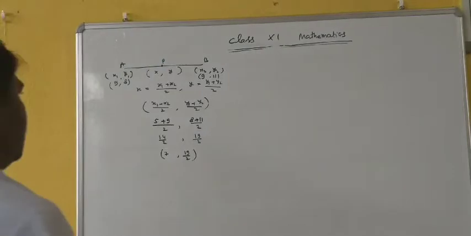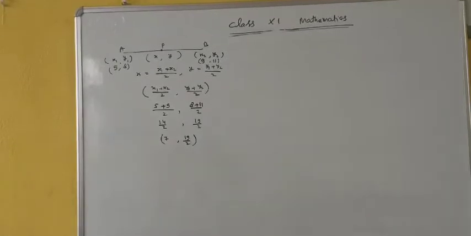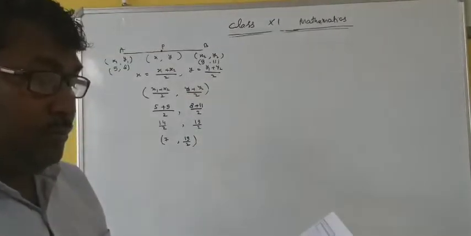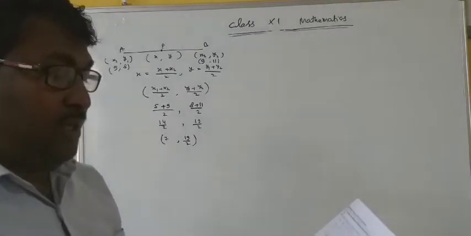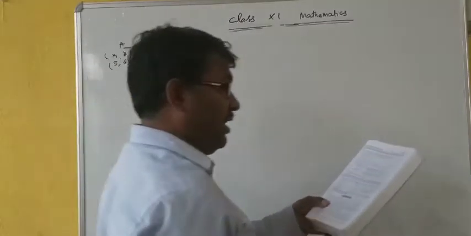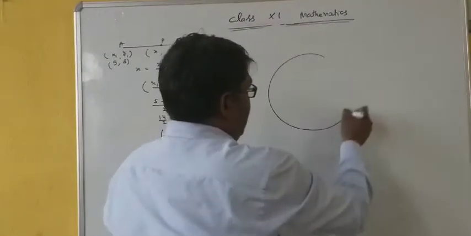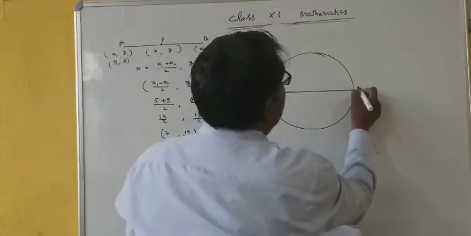Now some other questions. Find the center of a circle if the end points of a diameter are given. Here a circle and there is a diameter AB.